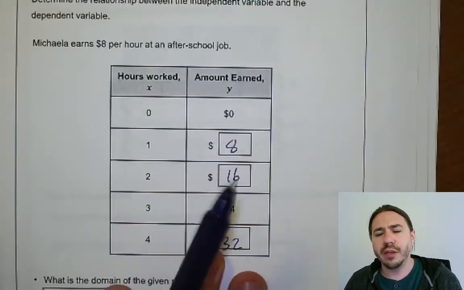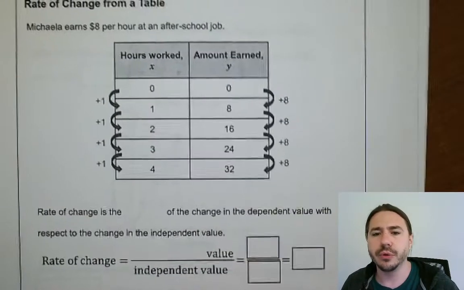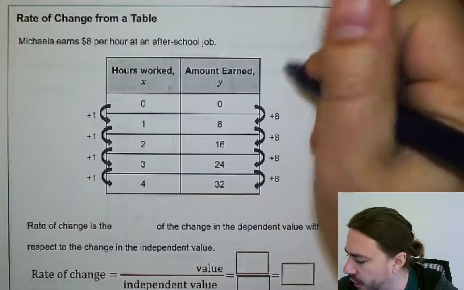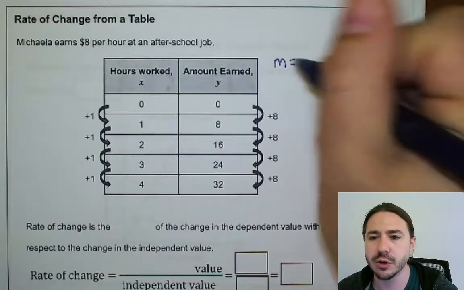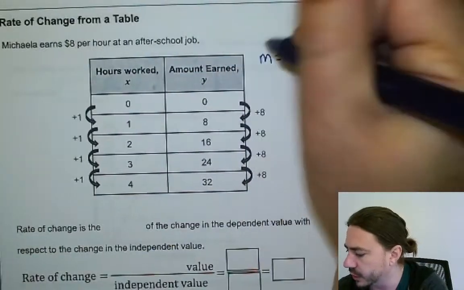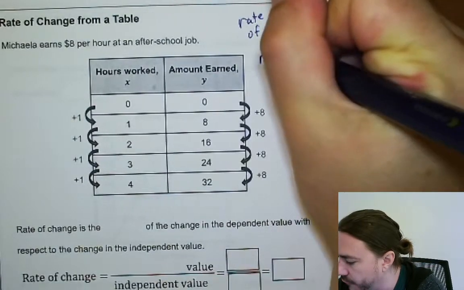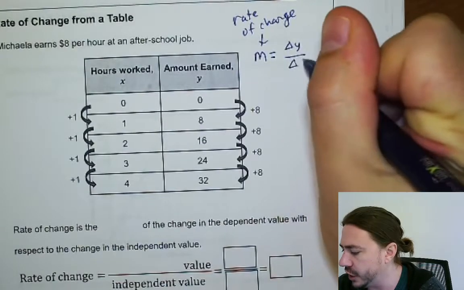So now that we've got this table all laid out, let's talk about how you compute the rate of change. The way you compute rate of change, and I'm going to use the variable m, like y equals mx plus b, to represent rate of change, is the change in y divided by the change in x.